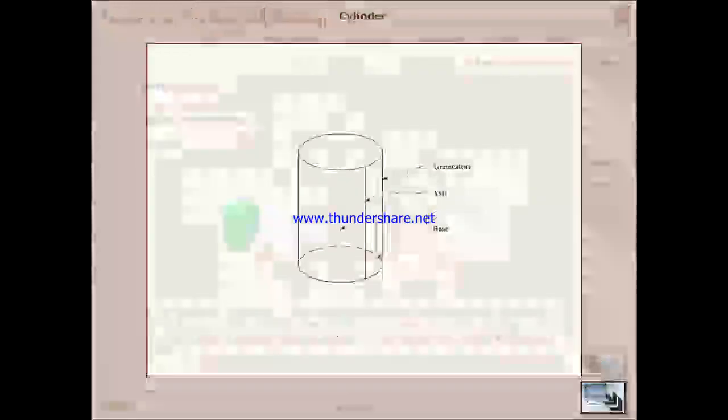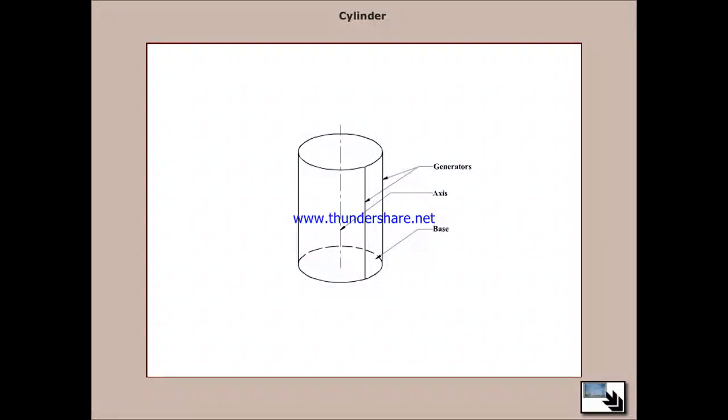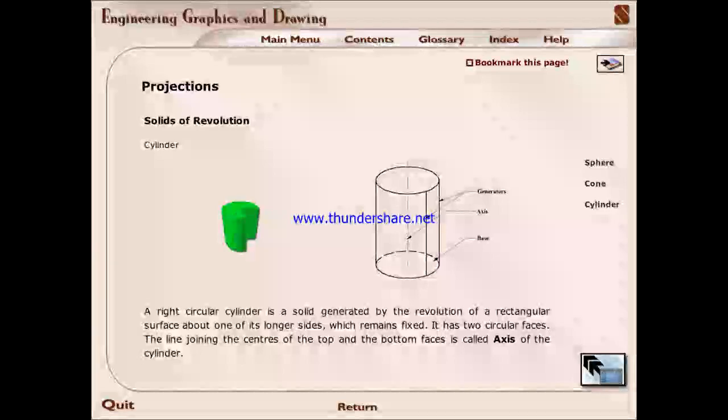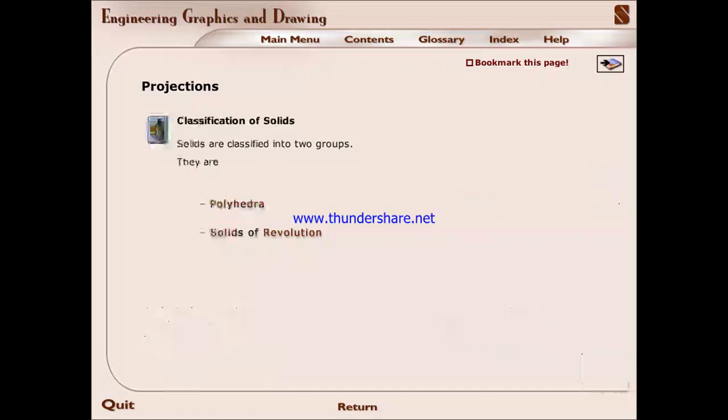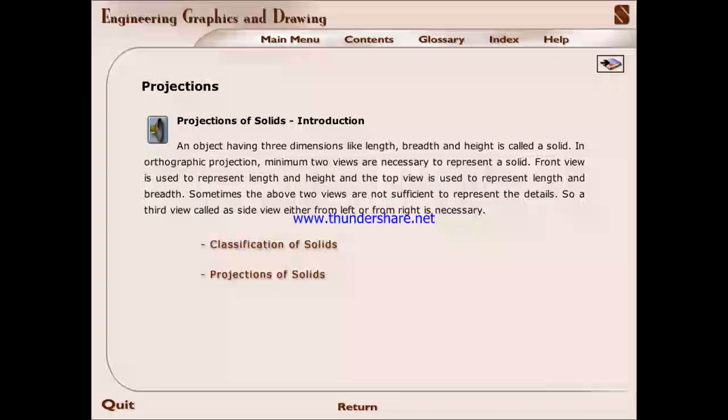It would look like this. These are the solids of revolution. These come under classification of solids. Now projection of solids.